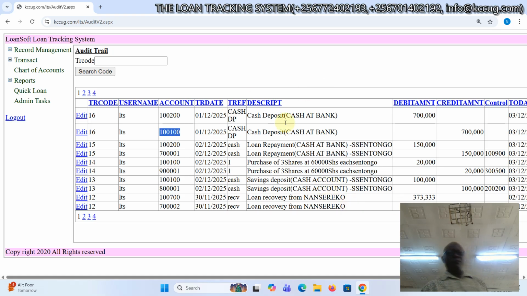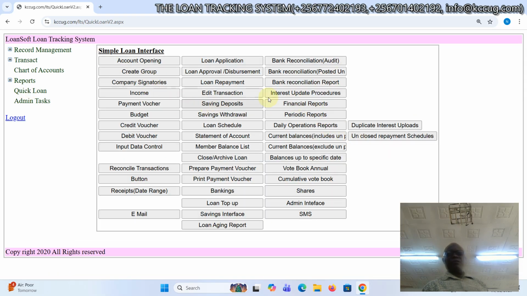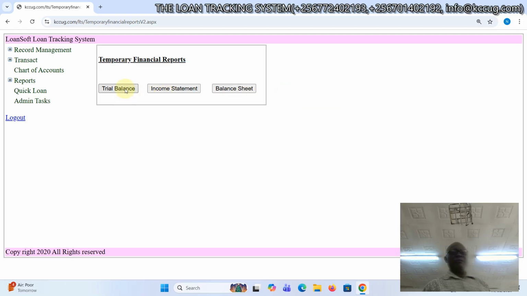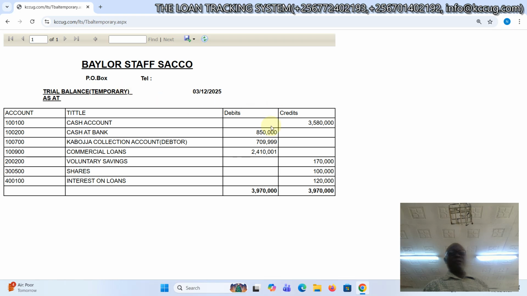Okay, good. Now, your financial reports here, and then you click on financial reports. You click on balance. You will find cash at bank worth 850.